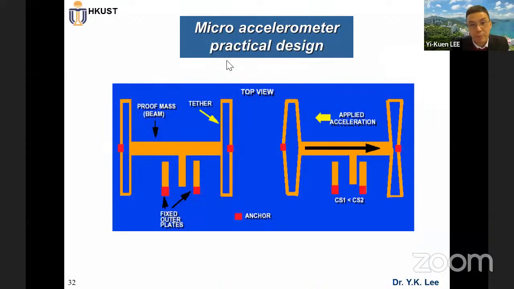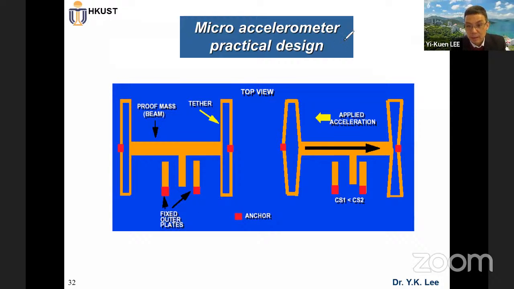And of course, in a real product, it's non-trivial. In order to have a very good design for a real product, you can look at this. Basically, you have a much more sophisticated folded spring. This requires a lot more mechanical design, a much more folded spring, and also not just one pair of electrodes, but a series of micro electrodes for capacitive sensing to improve the performance of the real product.